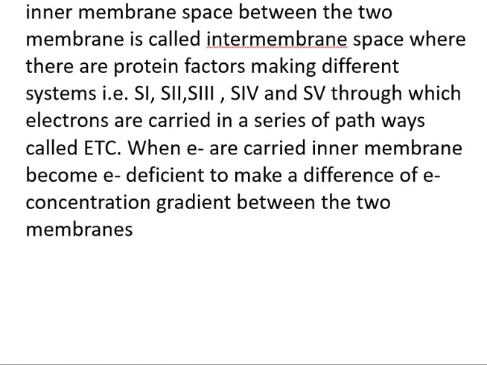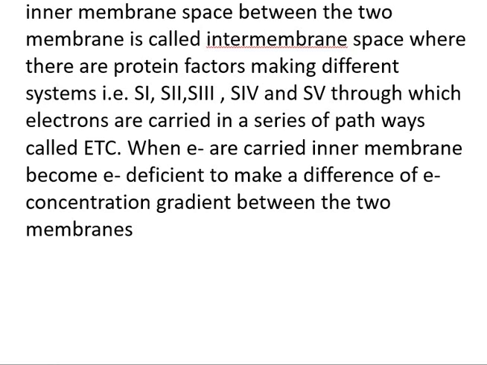Okay, students, the space between the two membranes is called the intermembrane space, where there are protein factors making different systems, for example systems 1, 2, 3, 4, 5, through which electrons are carried in a series of steps called the electron transport chain, where electrons are carried in the inner membrane.